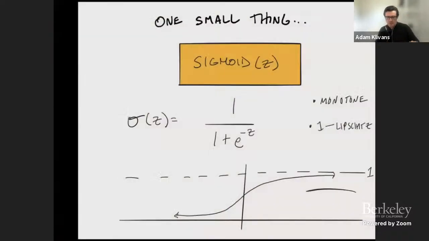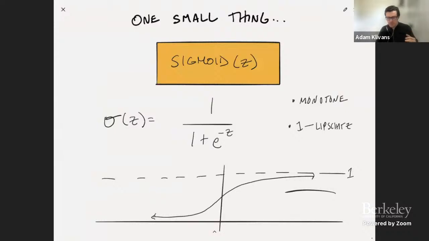Okay, so before I tell you how to get the optimal bound, let me just remind you what the sigmoid function is. Maybe this comes out of left field, but the sigmoid function is an activation that we mentioned in the last hour that I didn't even bother to define. It's the function 1 over 1 plus e to the minus z. Keep in mind, it's monotone and also 1-Lipschitz.